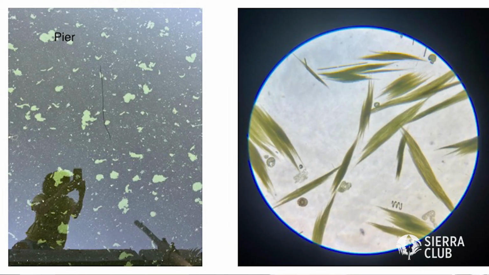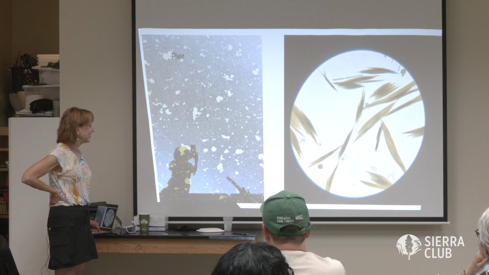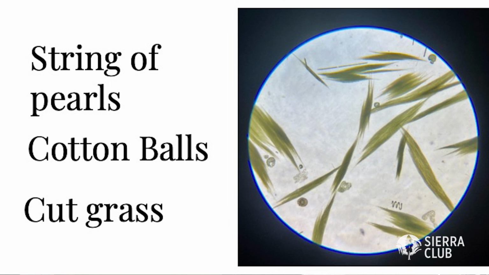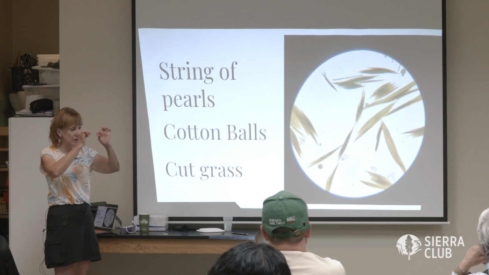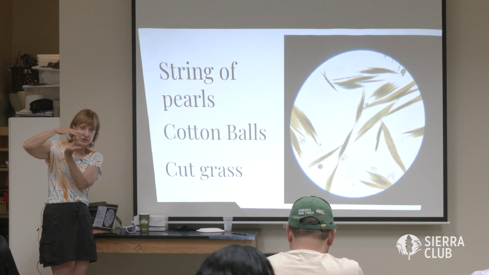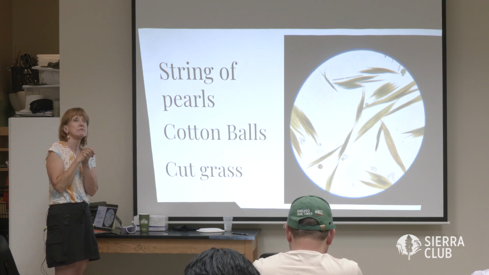What can I say? All right, what do we have here? What does it look like? Cut grass. So Aphanizomenon, they're actually filamentous, but they cling together in these sheaths called fascicles. Like bamboo.